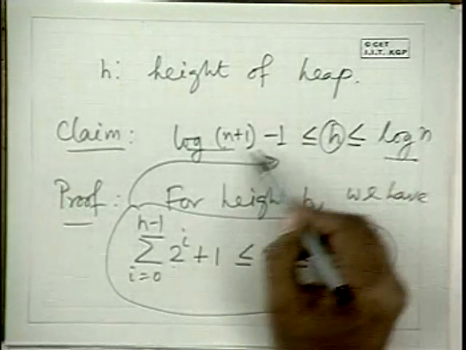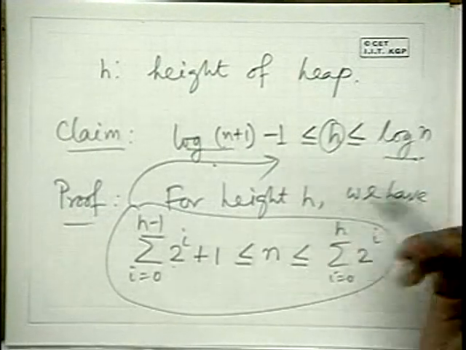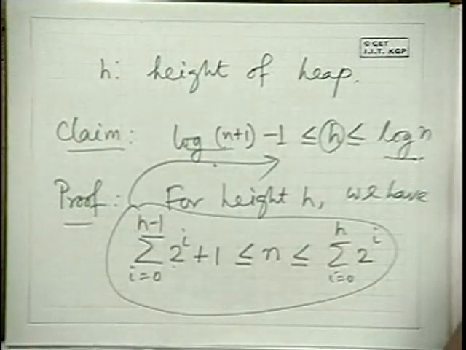The height of a heap is always order of log n, which is good for us because the entire analysis on the heap will be dependent on the height of the tree, and if the height is log n, it is much better.